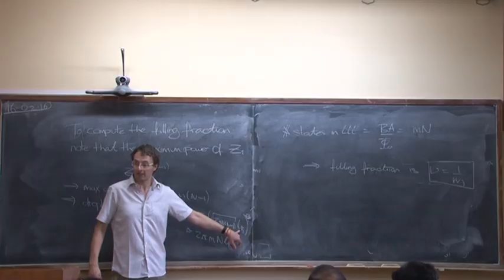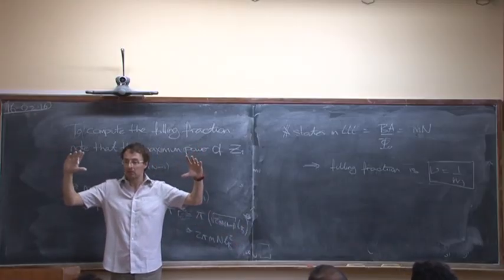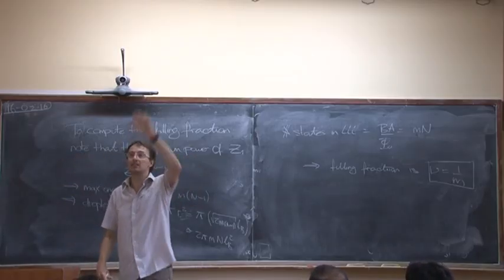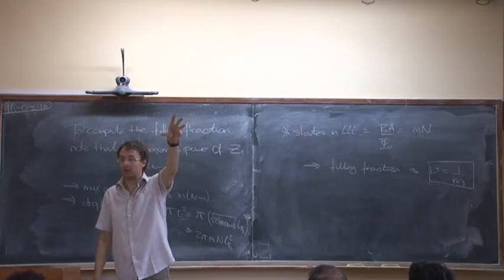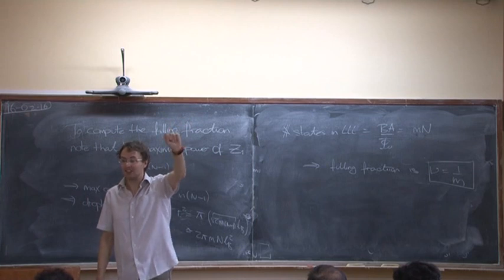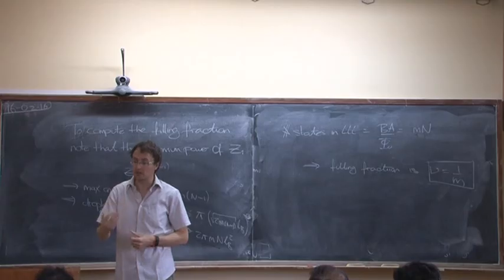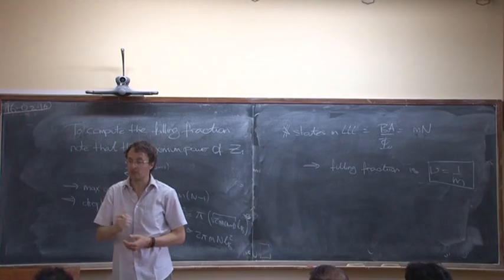So if you have a stronger magnetic field, the area described by this droplet is bigger. You can also see it's in the exponent. The exponent is e to the minus mod z squared divided by 4 l_B squared. And l_B is set by the magnetic field. So you can see explicitly there, as l_B changes, the thing is getting bigger or smaller. But the density of particles is remaining the same. So density meaning filling fraction.